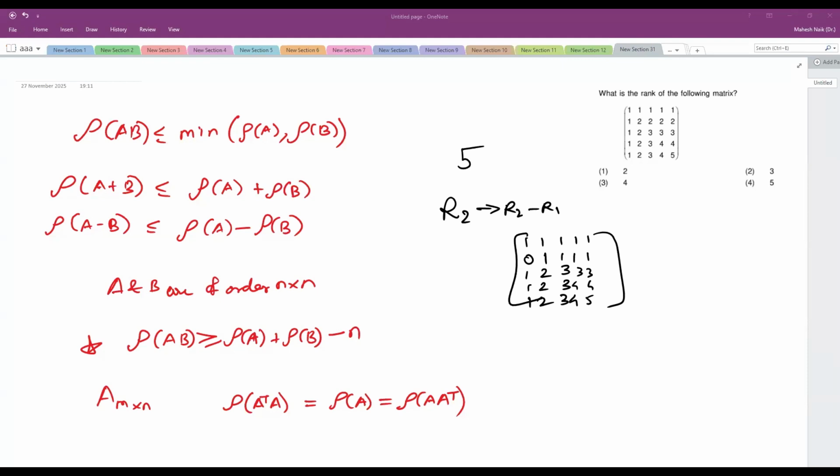Yes. Let's take one more example. Sir, can we use column operation here? This is row echelon form, so it should be using row operations. Sir, I mean to say that column form can also be used to calculate rank. No. We cannot use column form to calculate the rank.